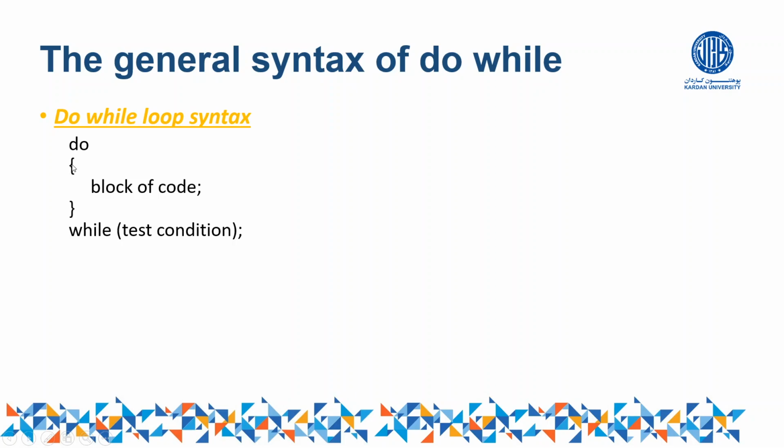After this, a pair of braces, the block of code, and inside the block of code you can also use increment and decrement. Then while, the test condition, and after the condition you have to use the parenthesis. Do not forget the parenthesis, as well as the semicolon at the end of the parenthesis.